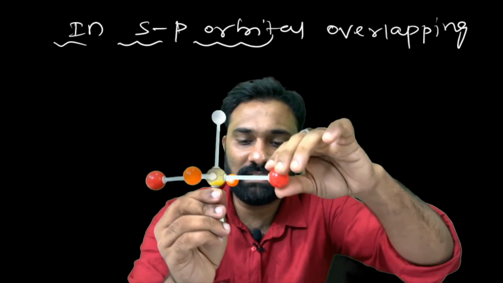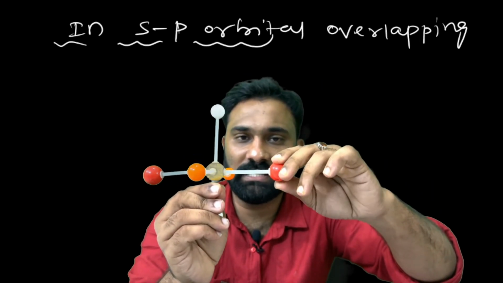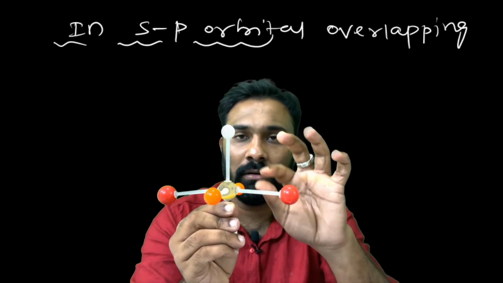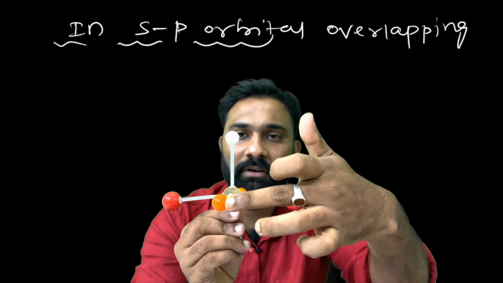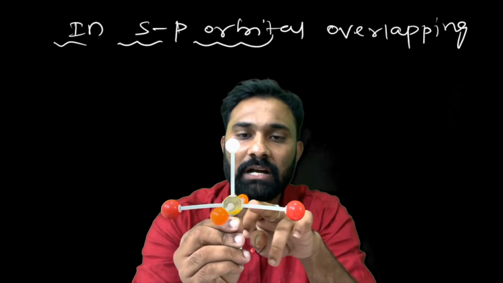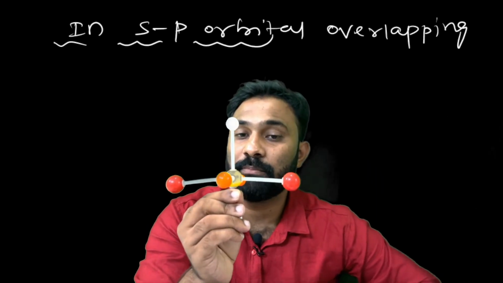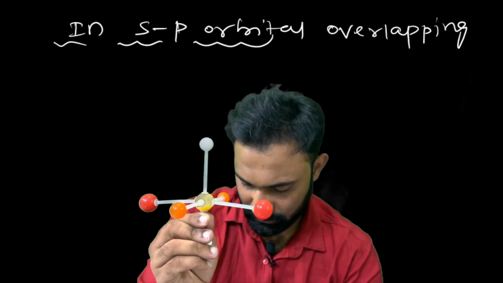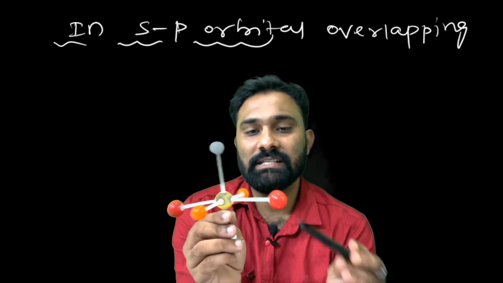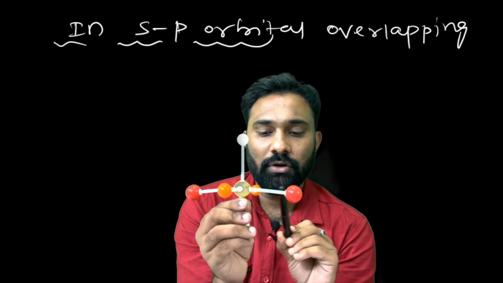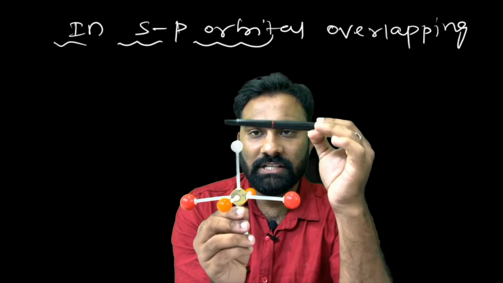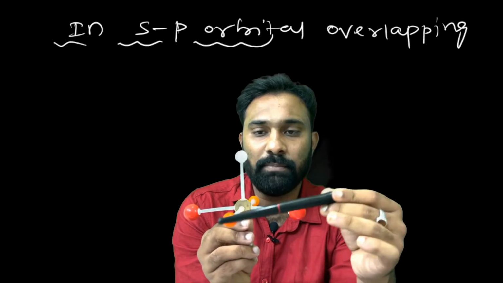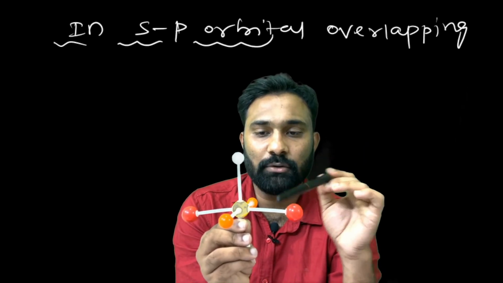If you consider this as X, this as Z, and this as Y, then the PX orbital and the PY orbital are perpendicular to the PZ orbital. Can you see? If you consider this as the PZ orbital, then this is PX and this is PY. PZ, PX and PY are perpendicular to each other.